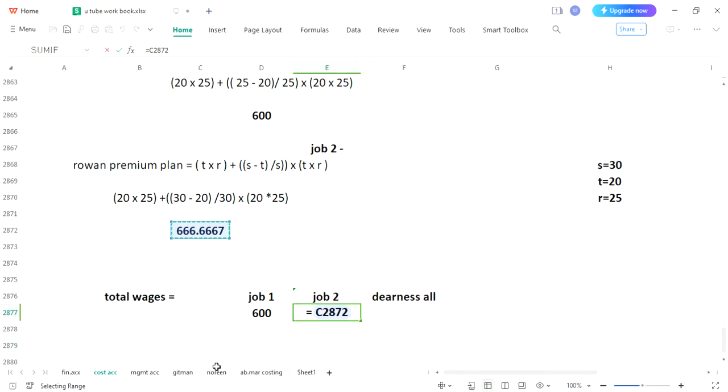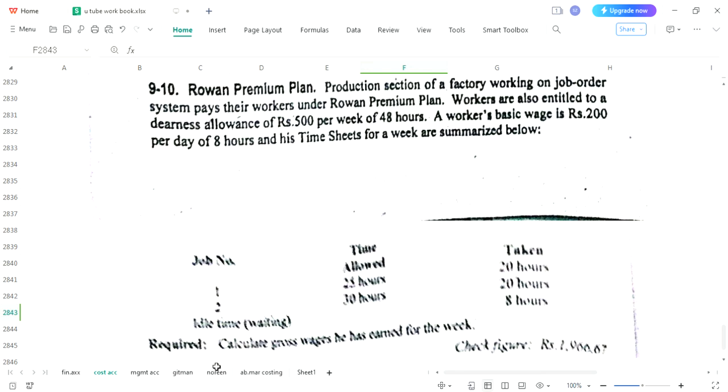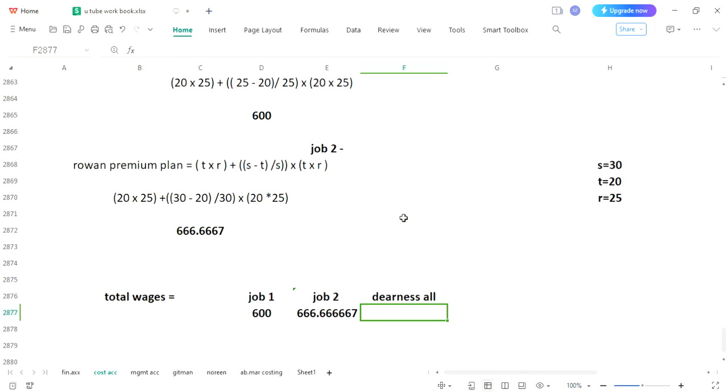This was your highlighted answer, 666.66, and dearness allowance was fixed. Go back to the question and look at here. DA allowance is 500 per week. And since this working is for the whole week, 500 would also be given.